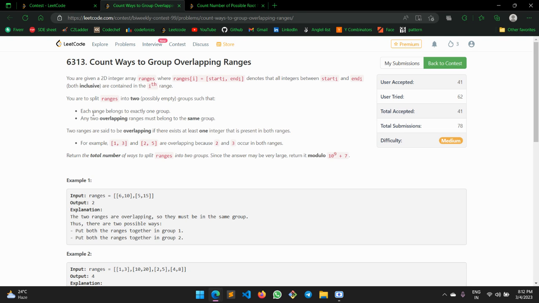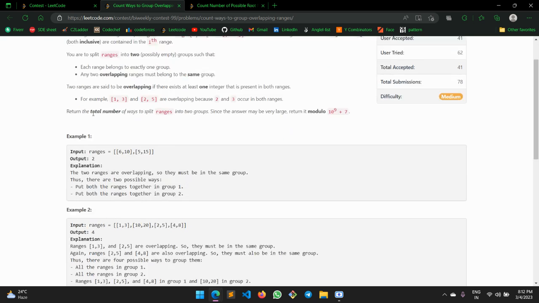Any two overlapping ranges must belong to the same group. Ranges are said to be overlapping if there exists at least one integer that is present in both ranges. For example, 2 and 3 are present in both 1, 3 and 2, 5. Return the total number of ways to split the ranges into two groups, and the answer may be very large.